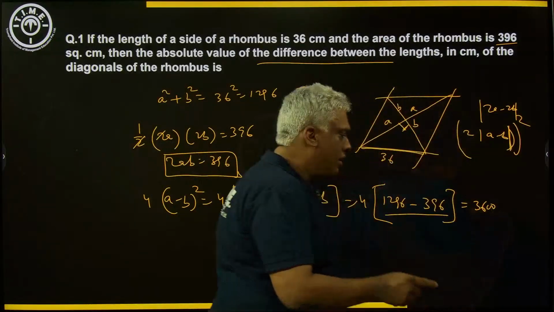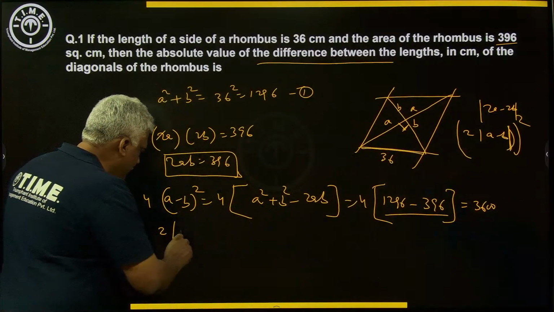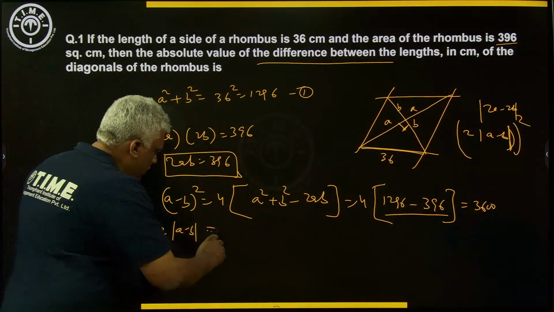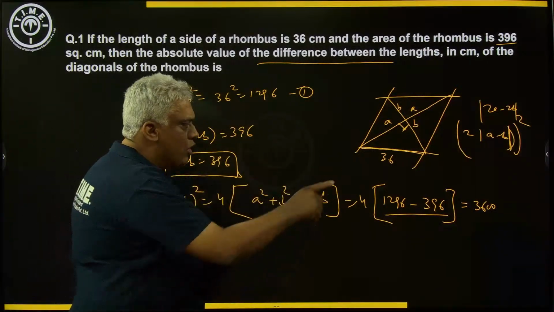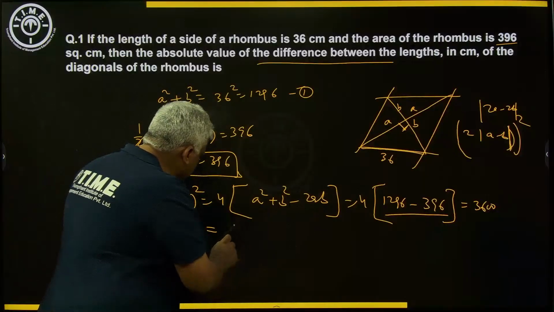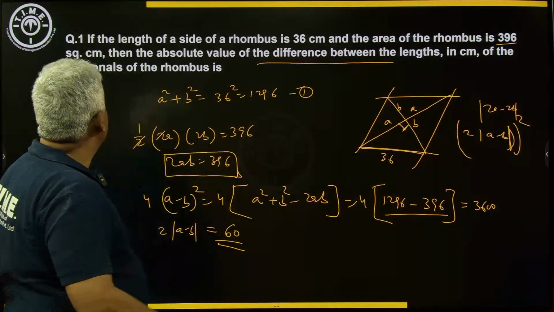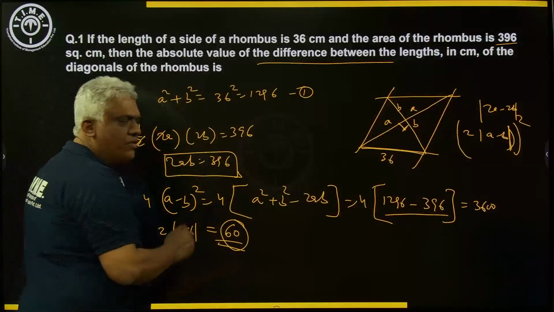Taking the square root, we'll get 2 times the difference a minus b mod, right? That is the difference you want. That is square root of 3600, that will be 60. So the answer is 60 for this, right?